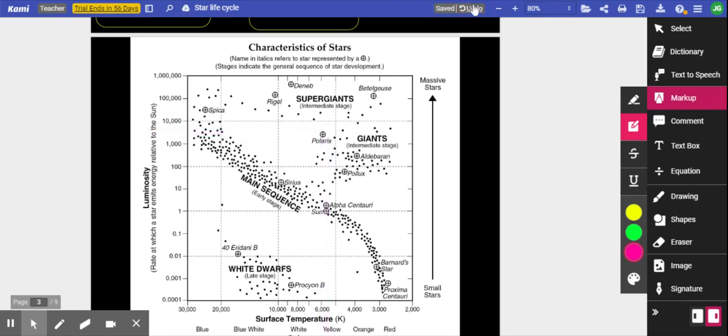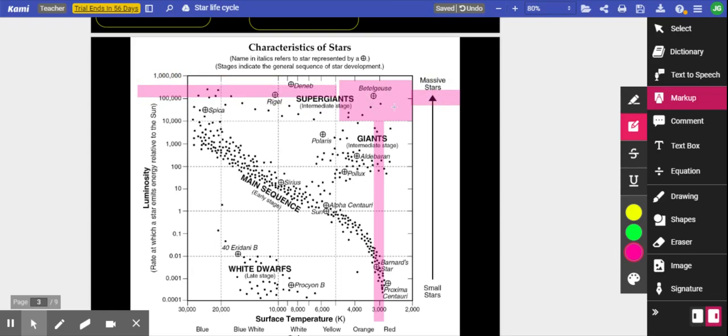If you're looking at different quadrants in the table, the upper right quadrant, if you go straight down, these stars are cooler and red, orange in color. The stars in the upper right are very luminous and very massive.